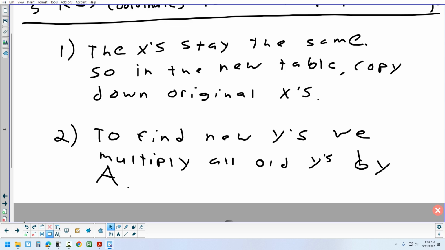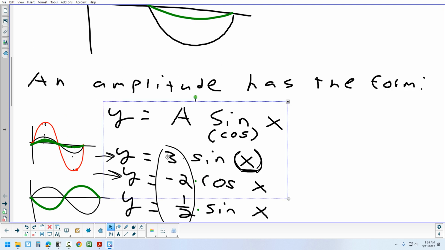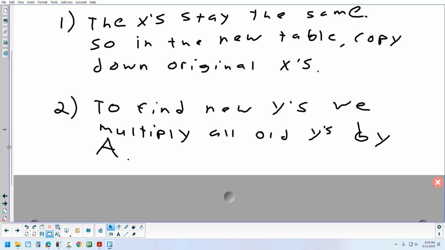So you multiply the old y values by whatever number is in front, and use the number the way it is. Okay. Only time you take the absolute value of that number is if I specifically say what is the amplitude. You don't want to give me a negative answer for that. Okay. That's different.